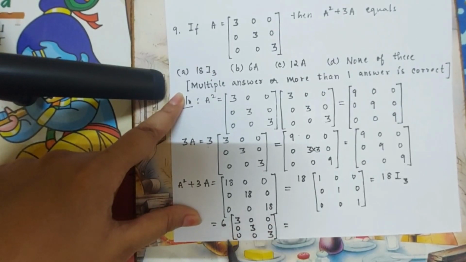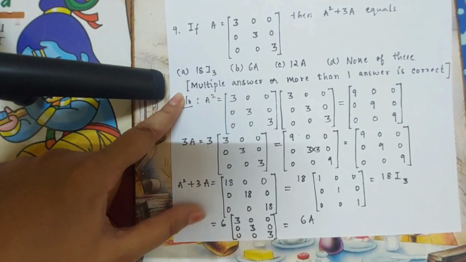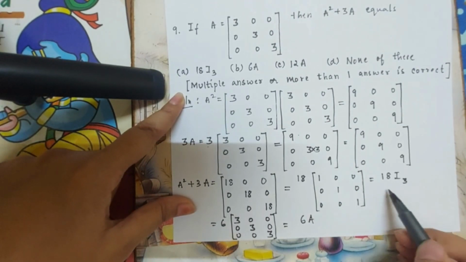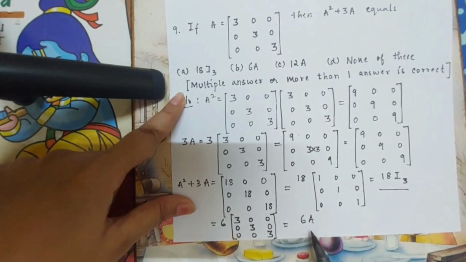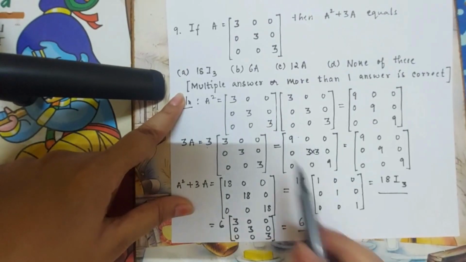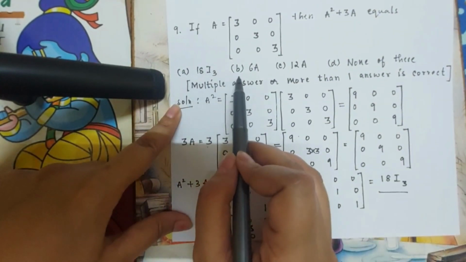Again this matrix is our matrix A itself. So this is equal to 6 into A. So we have got two options, right? 18 I3 and that is also equal to 6A. So here both options A and B are correct.